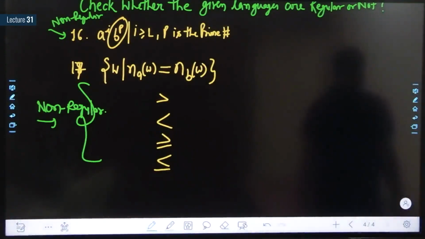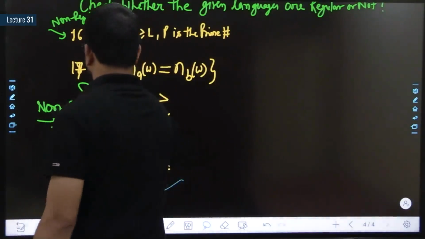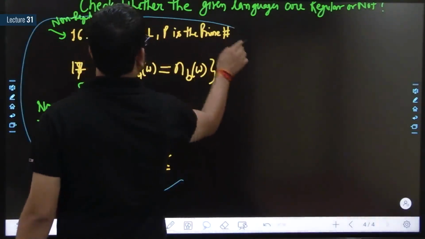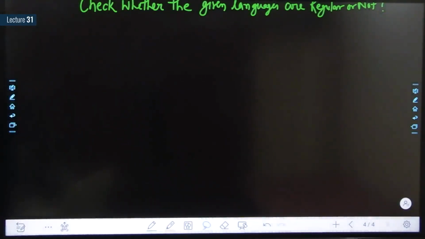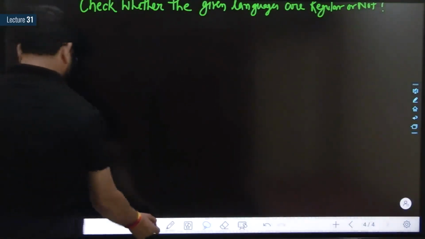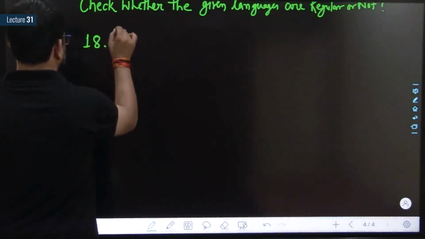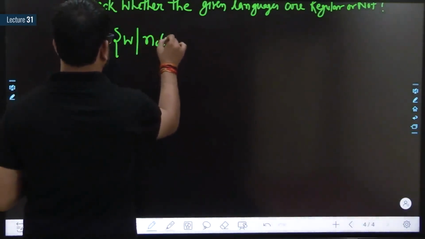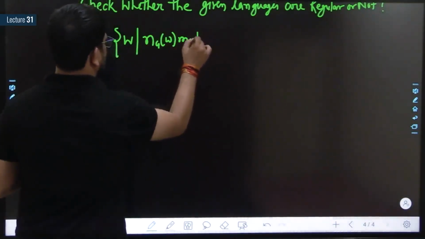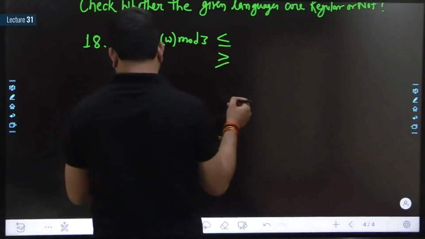Clear? Okay, see the next questions. W such that the number of a's in W mod 3 is less than or equal to, greater than or equal to, anything.